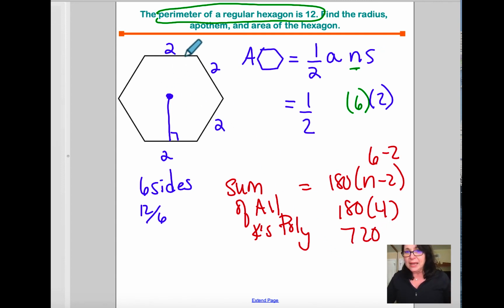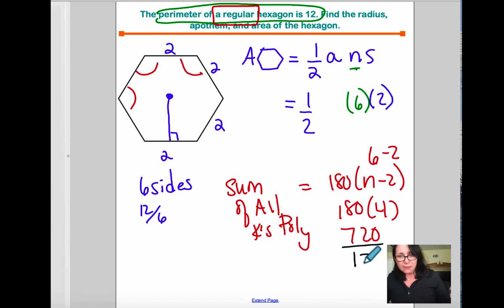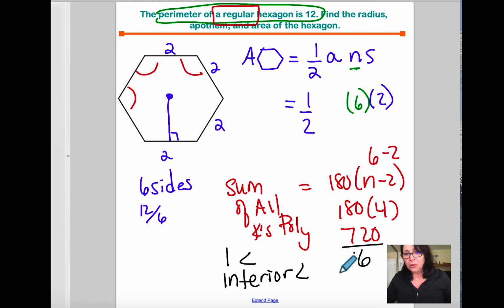So that means that if I add up all the angles in my polygon, I am going to get 720 degrees. Now, because this very, very important information is here, and it says this is regular, what that means for us is this: I can take 720 and divide by how many sides do I have? I have 6 sides. So if I divide by 6 sides, then one interior angle is equal to 120 degrees.